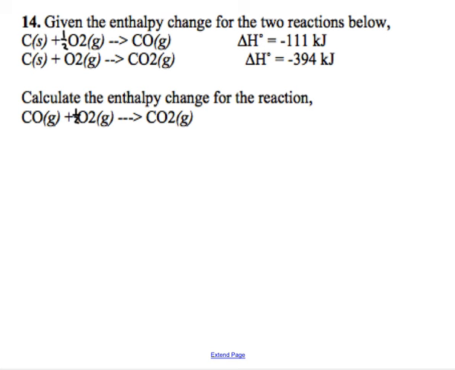In this problem, given the enthalpy change for the 2 reactions below, calculate the enthalpy change for the following. We can find enthalpy all sorts of ways. It's called a state function. If I wanted to go from school, WHS, to home, I can do this, right? And my displacement in the world will be a certain value.